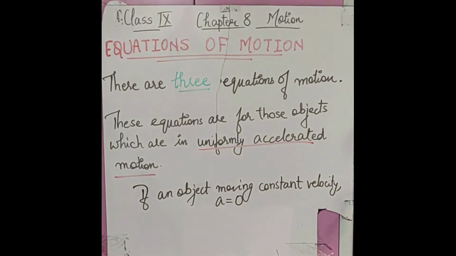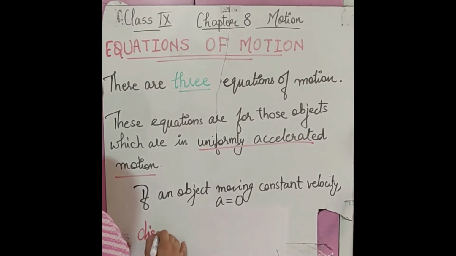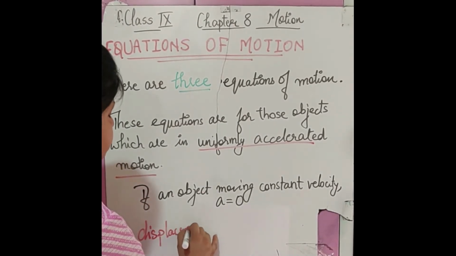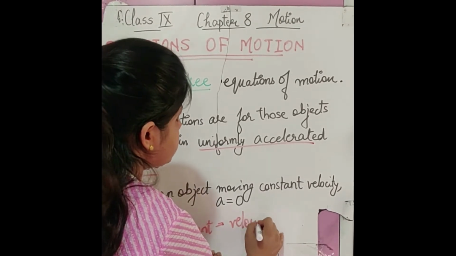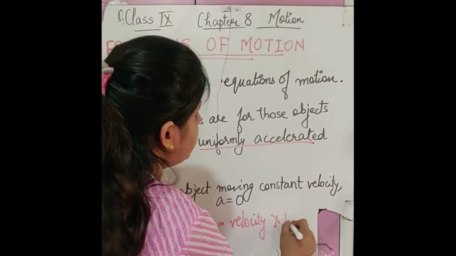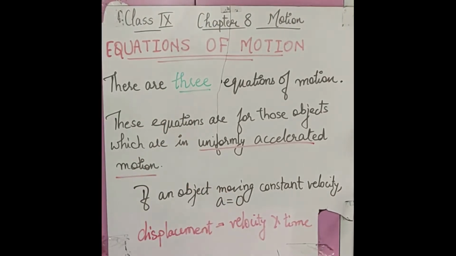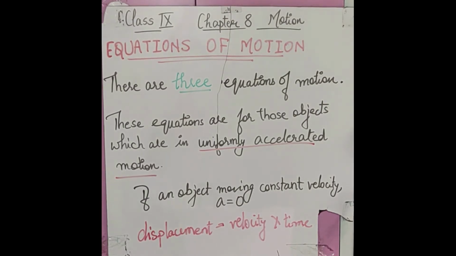Then we will simply use this formula, displacement is equal to velocity into time, in order to calculate the displacement, or to know the relationship between velocity, displacement and time, because in that case the acceleration is 0.